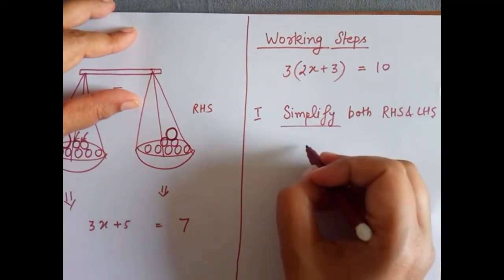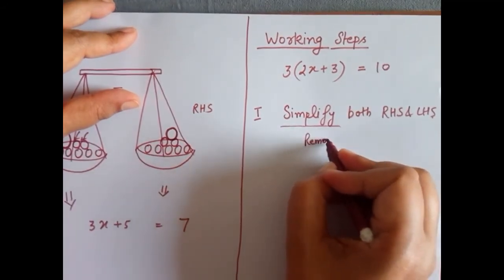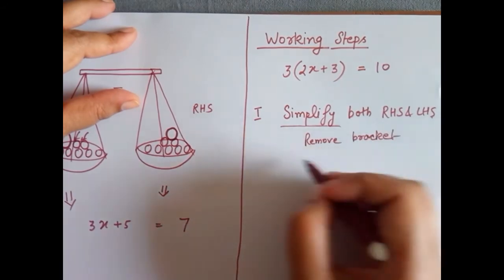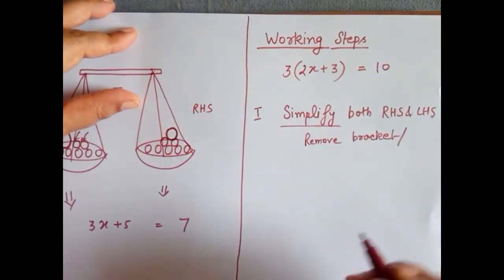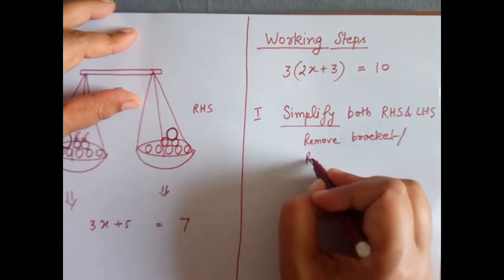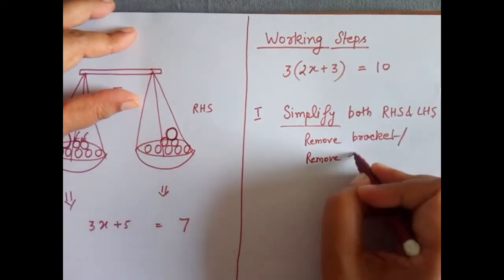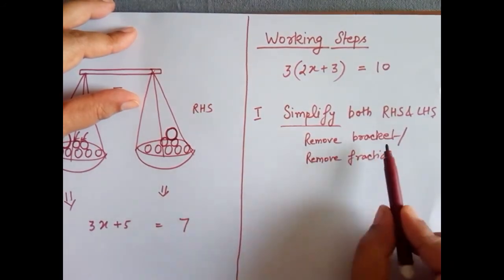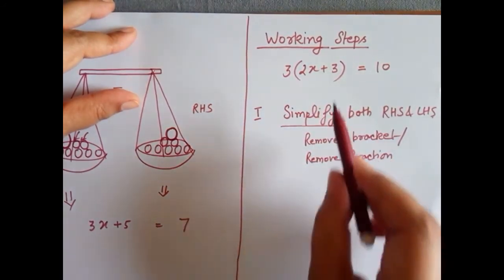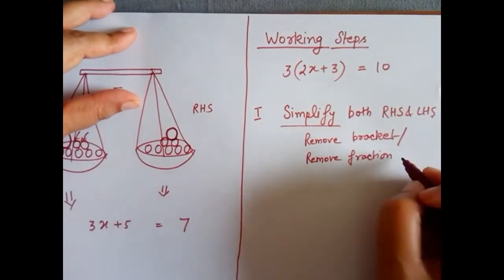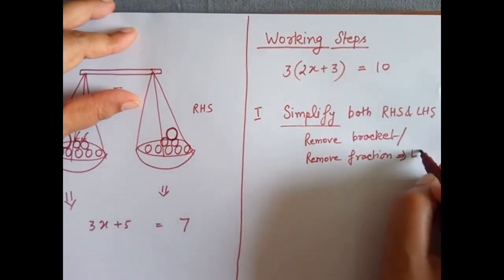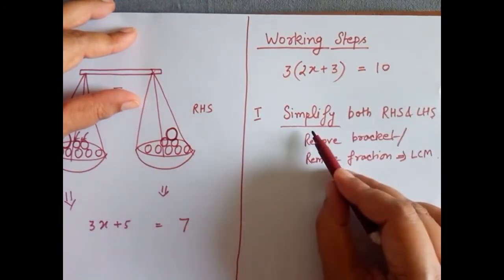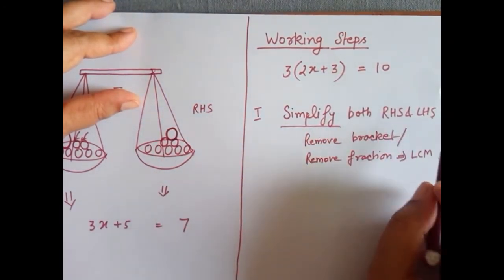Simplify means remove brackets, or if you don't have brackets but you have fractions, remove fractions. Okay, if you have brackets, remove them. If you have fractions, remove them. In order to remove fractions, you have to take the LCM. Take LCM and simplify. First step is to simplify both RHS and LHS.